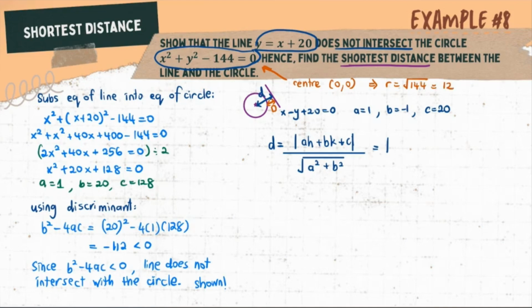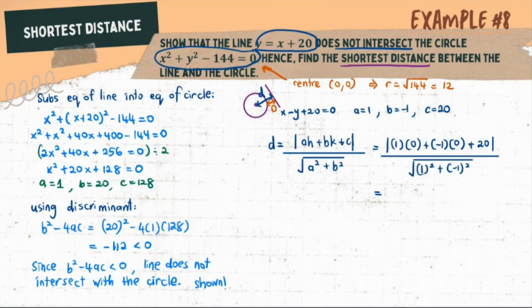Okay. So A kita adalah 1 darab dengan H 0 plus B negative 1 darabkan dengan 0 plus C 20. And then this will be divided by square root of A squared plus B squared. So 1 squared plus negative 1 squared. Okay.